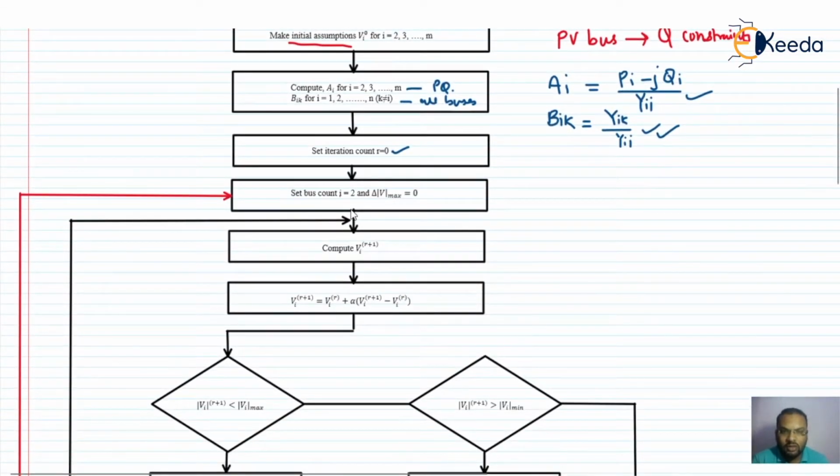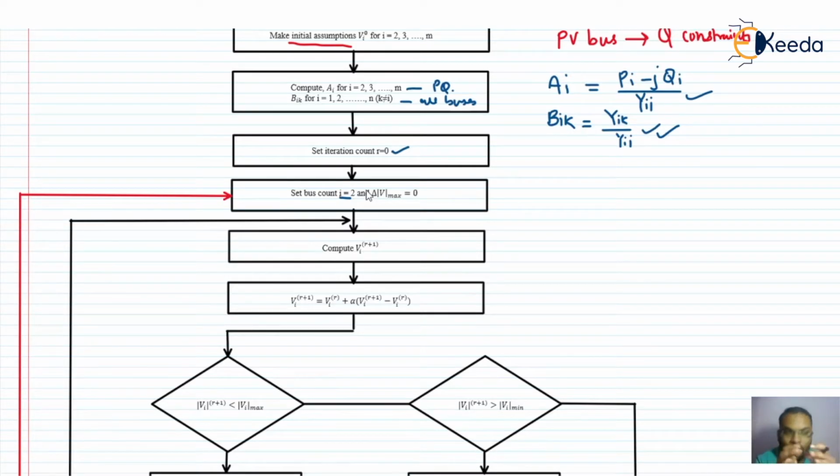Here you set the bus count equal to 2, because the first bus is a slack bus, and we know that for the slack bus, voltage and phase angle will be specified. What is to be calculated for the slack bus? Real power and reactive power, and we always compute those at the end of the load flow problem.